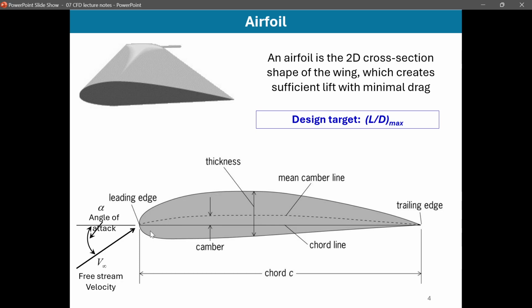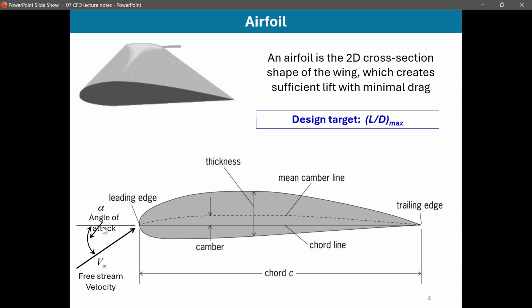How curved your airfoil is. All of these things are going to contribute to our design target, which is to maximize the lift in aircraft specifically, maximize the lift over drag ratio. We are not going to talk about all of these things, the contributions of the curve and whatever to the lift to drag ratio.